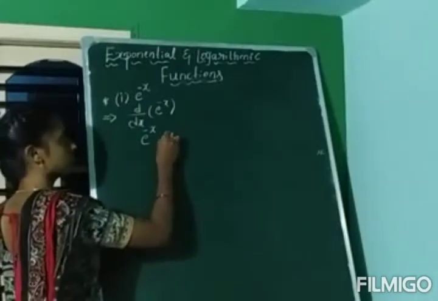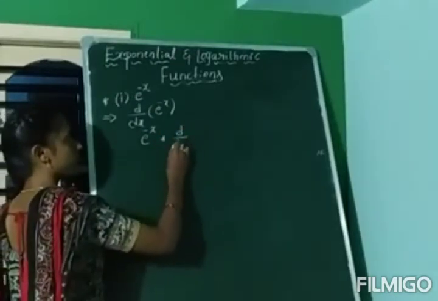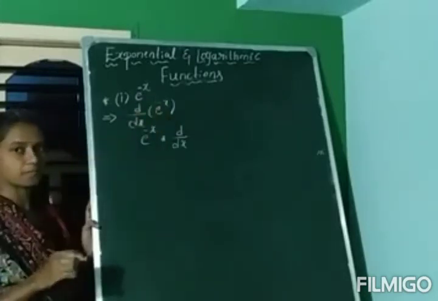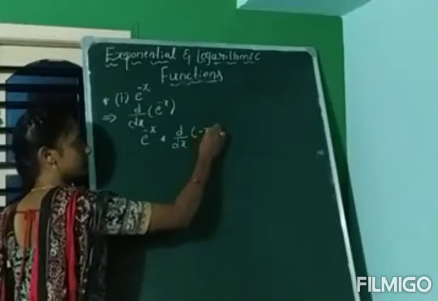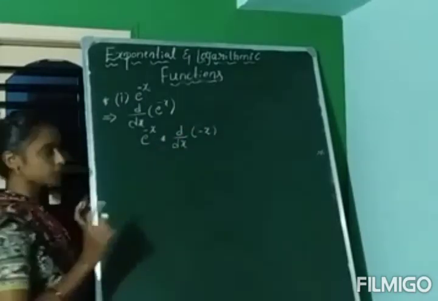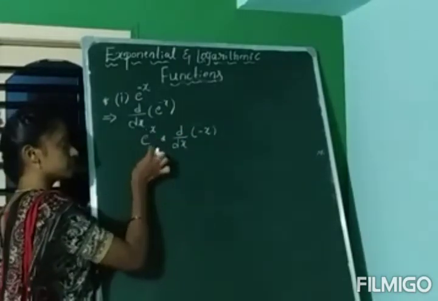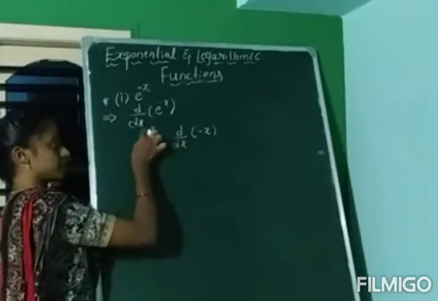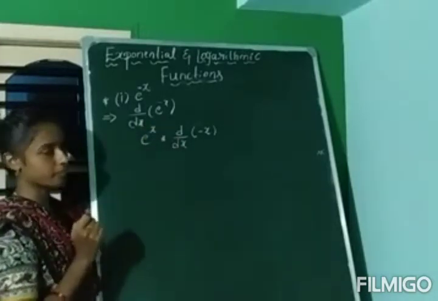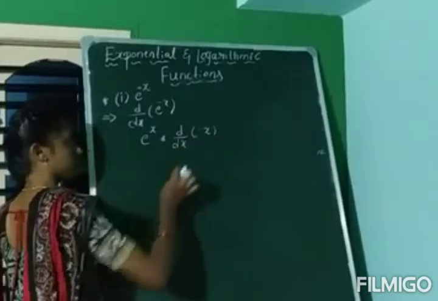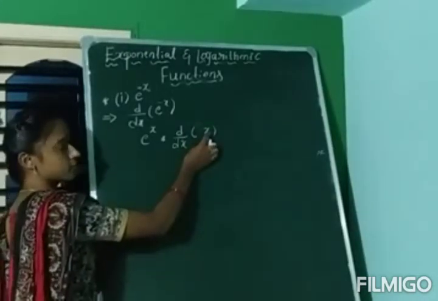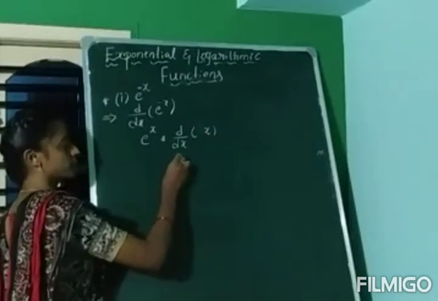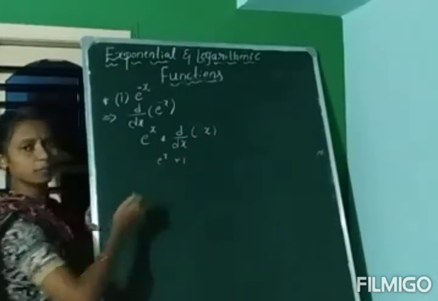Next, what you will do is differentiate the power of that exponential. The power of this exponential is minus x. If it were only a positive x, its derivative is 1, so 1 into e power x will be e power x only.